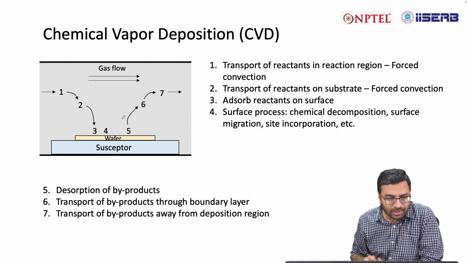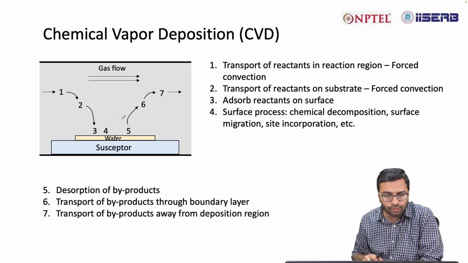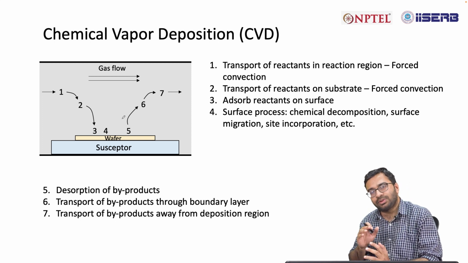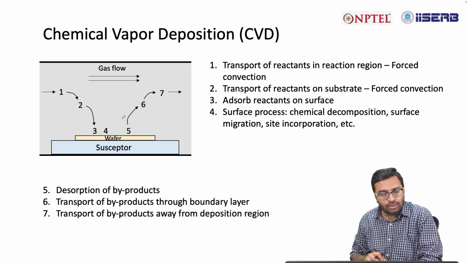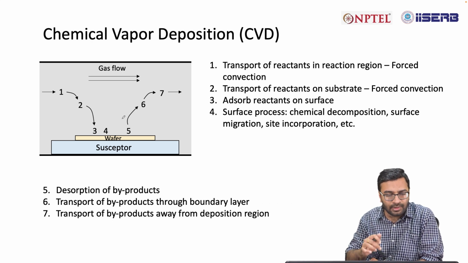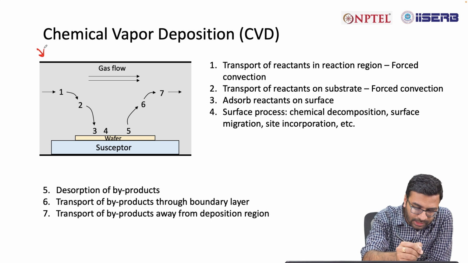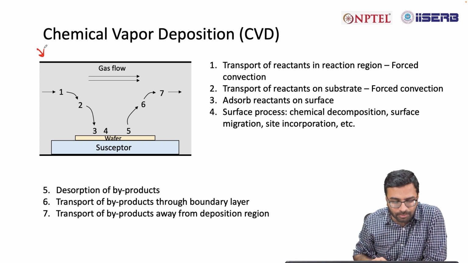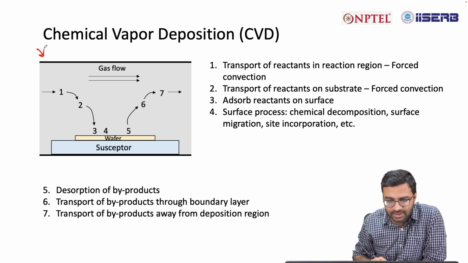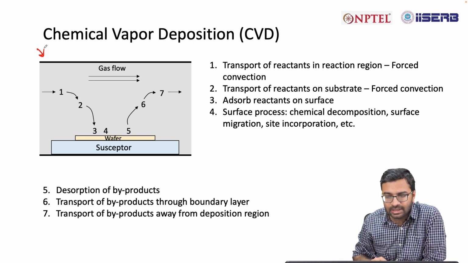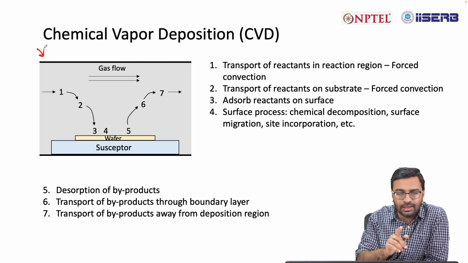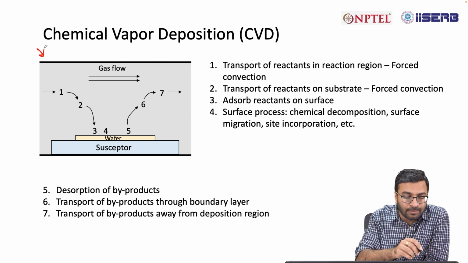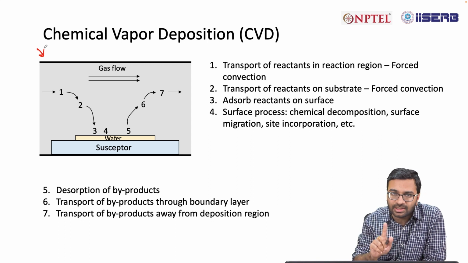Now, chemical vapor deposition also has various processes involved. I have mentioned the processes over here. There are 7 different stages of chemical vapor deposition. The first stage is transport of reactants in the reaction region. One thing that we have already discussed is that there will be a gas flow inside the chamber.